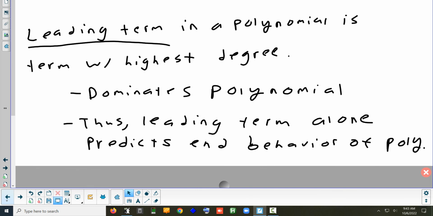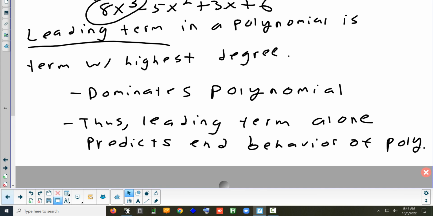So I already told you this, but the leading term, if you have a bunch of them, 8x cubed, 5x squared, plus 3x, plus 6, the leading term is the one with the highest degree. This is going to control the end behavior.